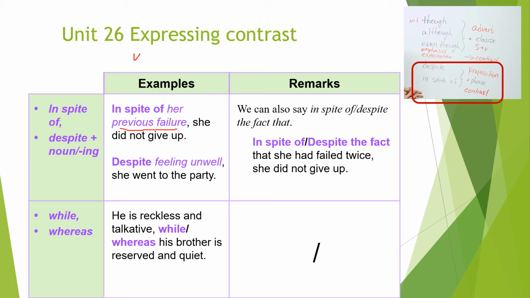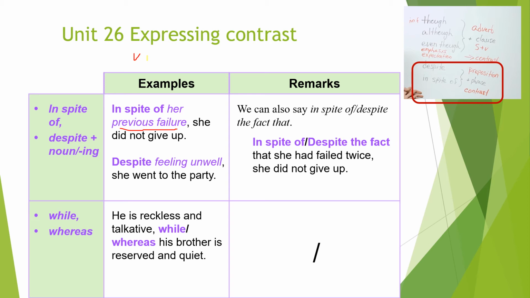Can I use the pen? Okay, it's okay. All right, so you need to know that this one, her previous failure, is a noun phrase. Previous failure, can you see failure is a noun? More than two words is a phrase. So in spite of her previous failure, this is a noun phrase.